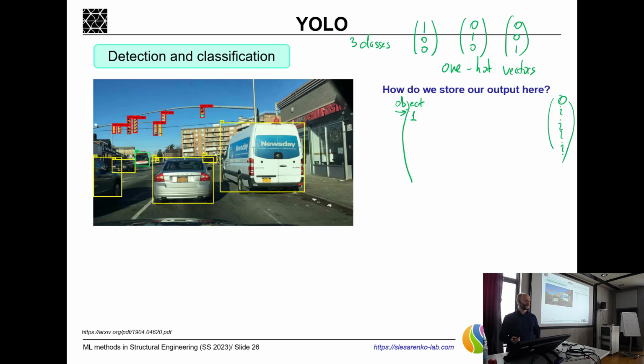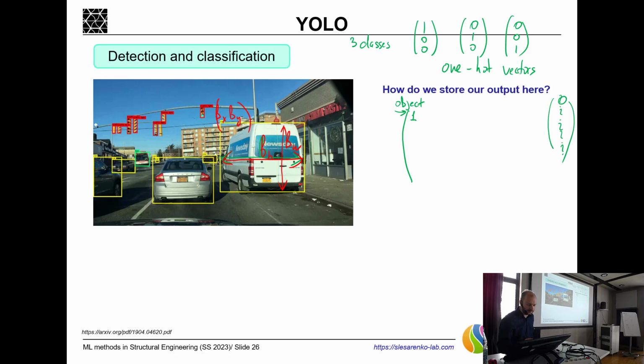But imagine that there is an object. What do you store in this case? You store the rectangle.